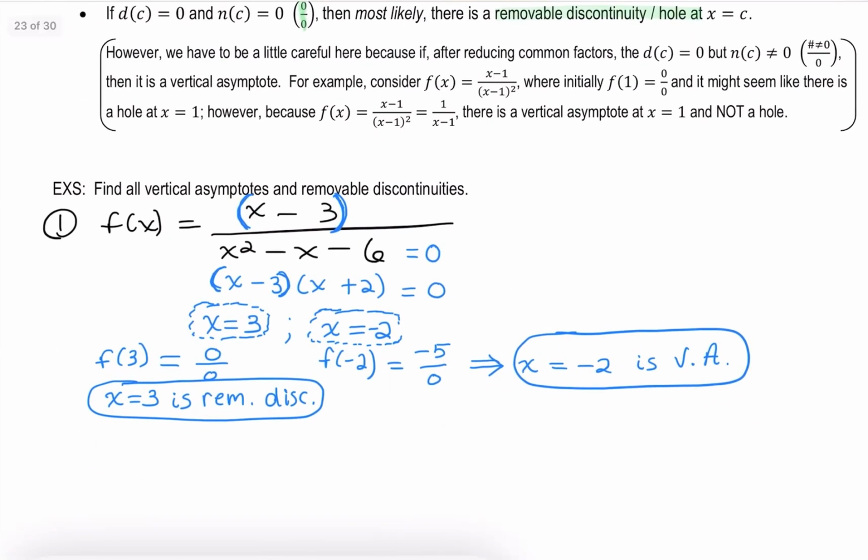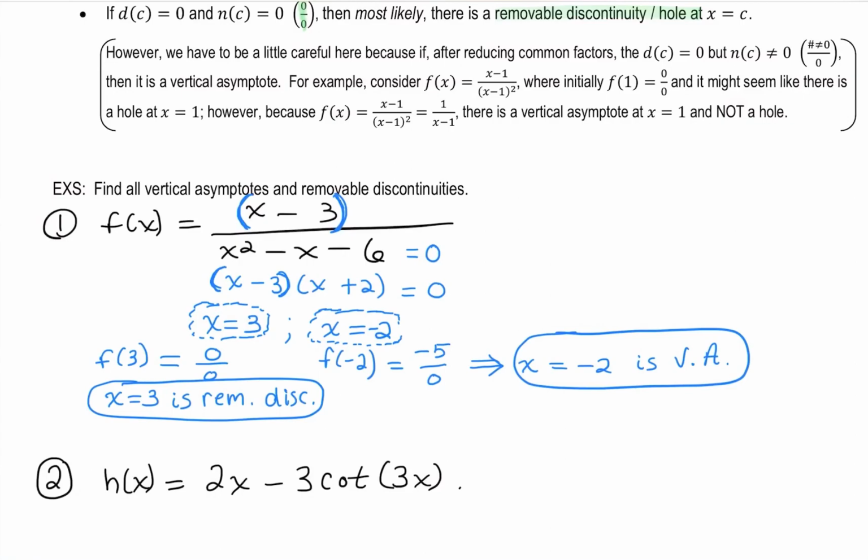Okay, let's look at another one, number 2. Suppose we were looking at a function, let's call it h of x, is equal to 2x minus 3 times cotangent of 3x, let's say. All right, so we're looking for discontinuities, and then we'll decide if they're vertical asymptotes or just little removable discontinuities.